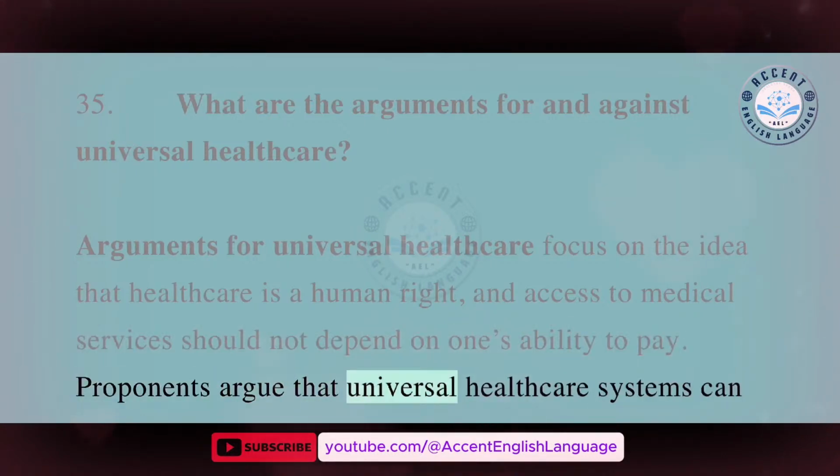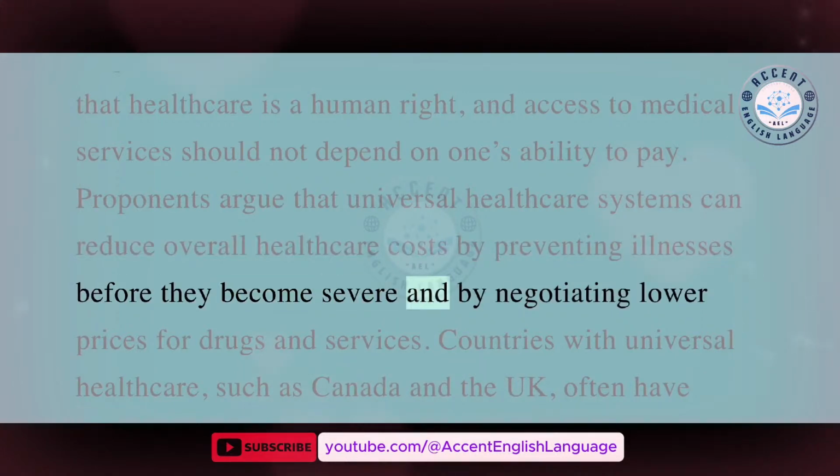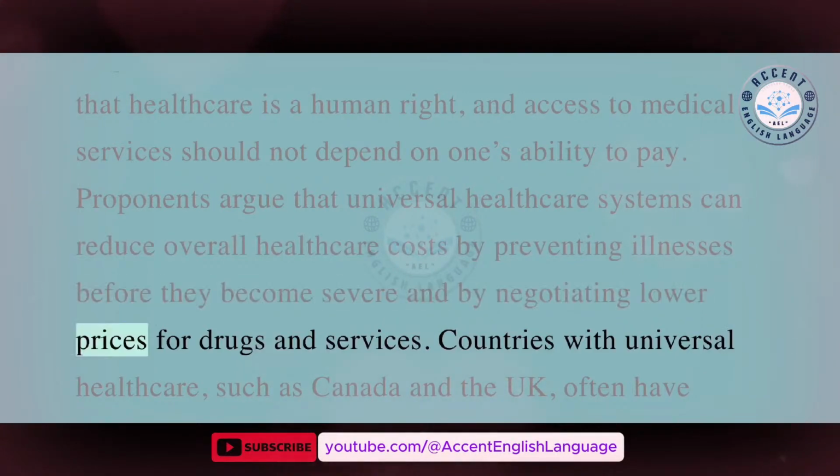Proponents argue that universal healthcare systems can reduce overall healthcare costs by preventing illnesses before they become severe and by negotiating lower prices for drugs and services.